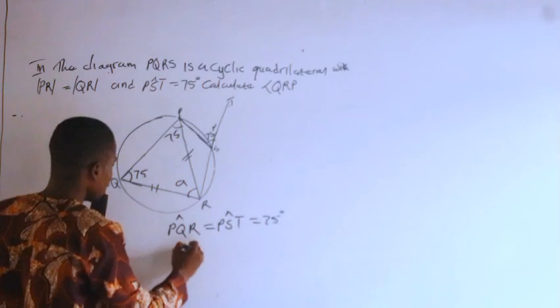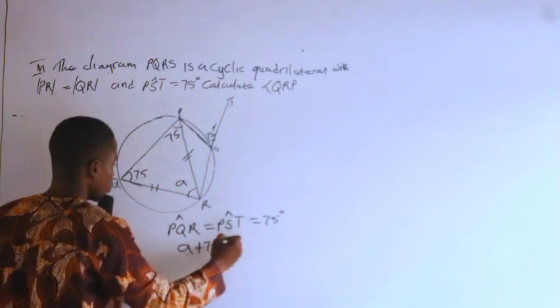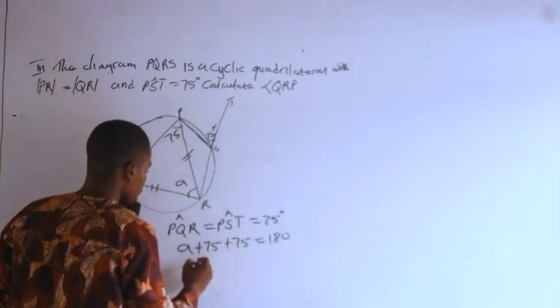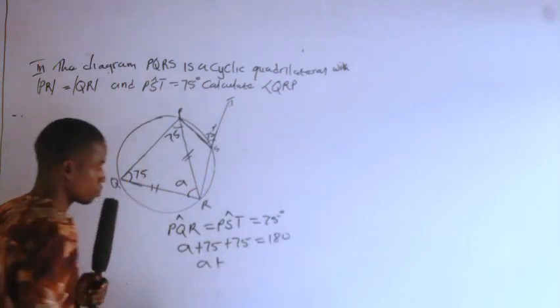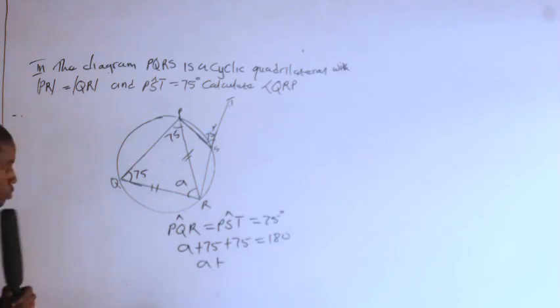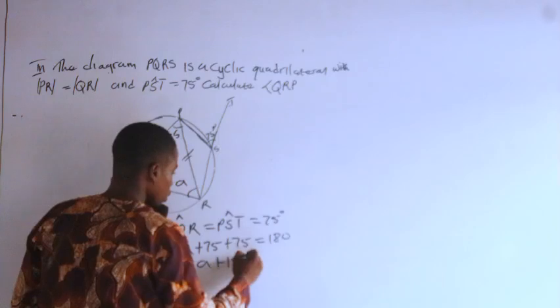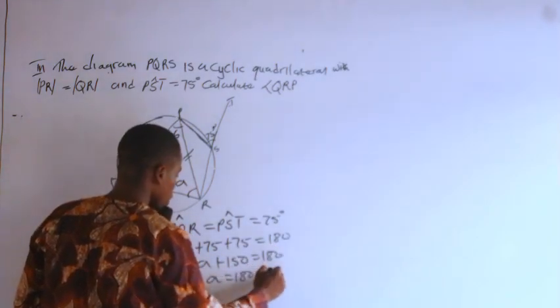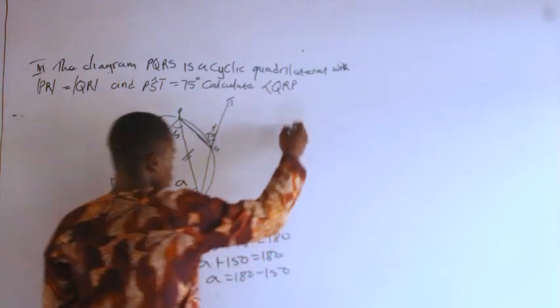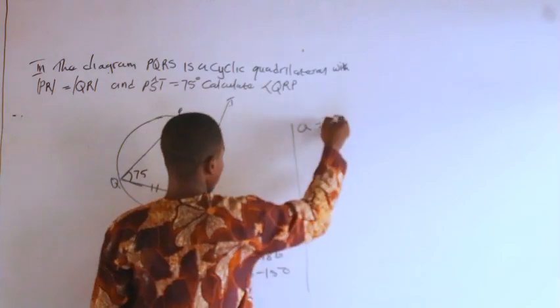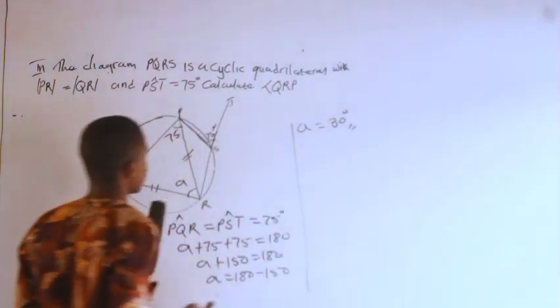A plus 75 plus 75 equals 180. So 150 plus A equals 180. A equals 180 minus 150, which is 30 degrees. That's the answer. Okay, let's go.